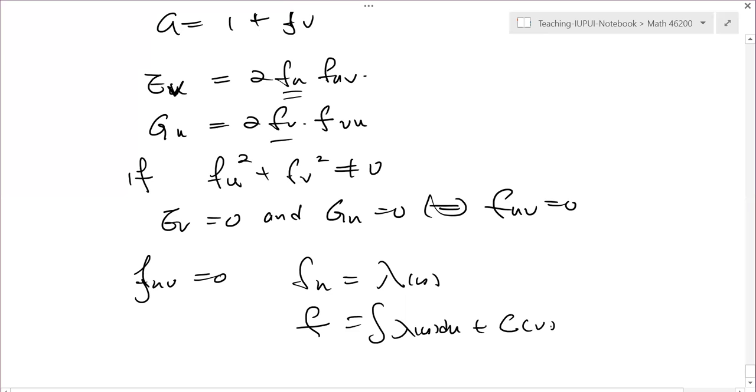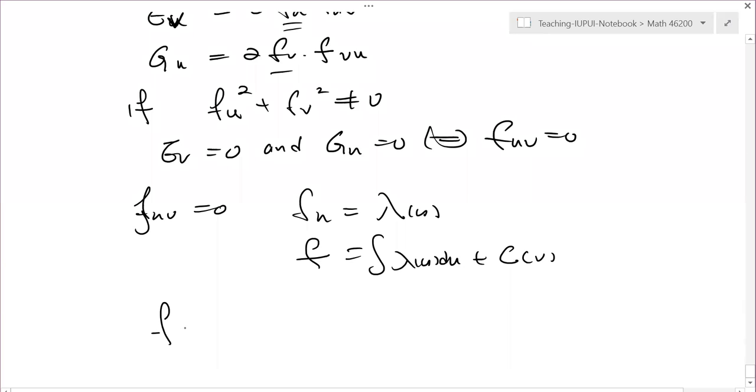Now that c could be a function of v. So anyway, the function can be any function like au plus bv, okay? Then when you differentiate with respect to u and with respect to v, it's going to be 0. Okay? So you have a lot of graphs with that property, but not necessarily a plane.